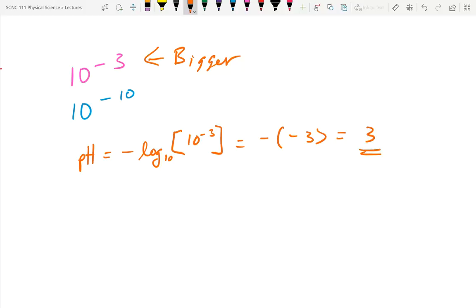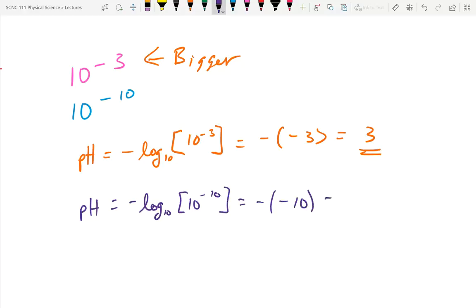So the higher concentration of hydronium is a smaller pH, and the lower concentration of hydronium is a higher pH. So, going back to the concentrations.